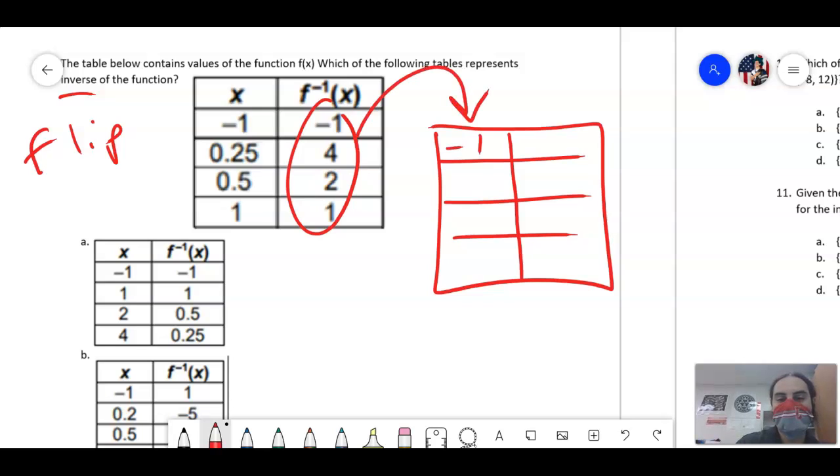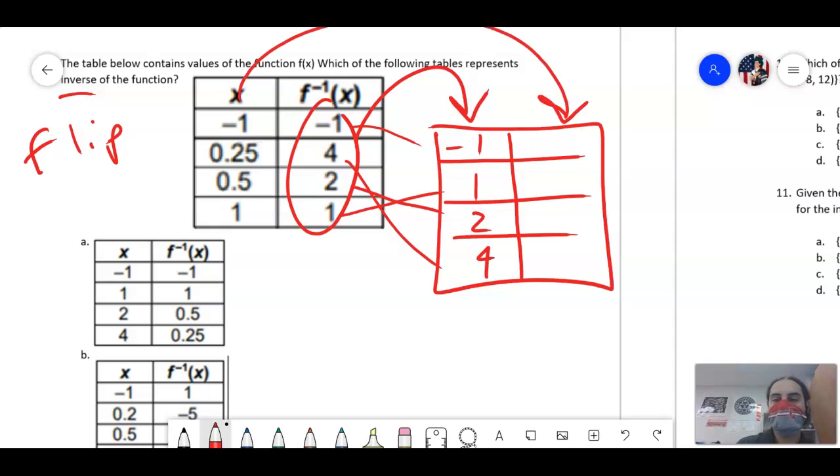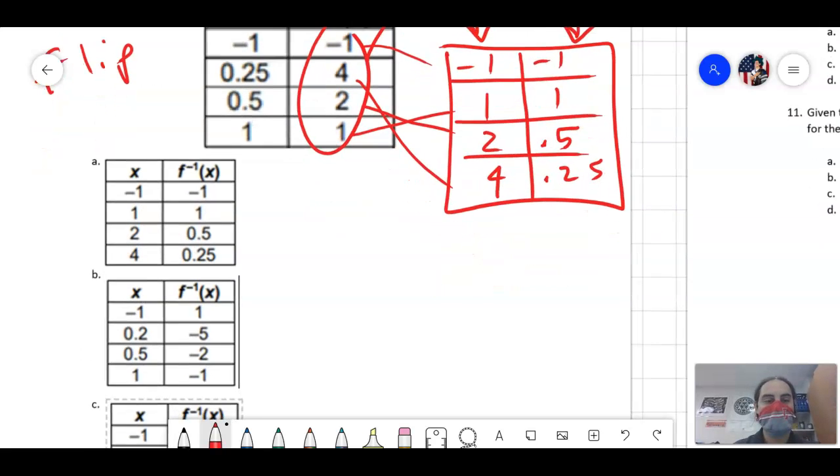So at -1, 1, 2, 4, right? And then write the other side right here. So 1 goes with 1, 2 goes with 0.5, 4 goes with 0.25. All right, so which one matches that?